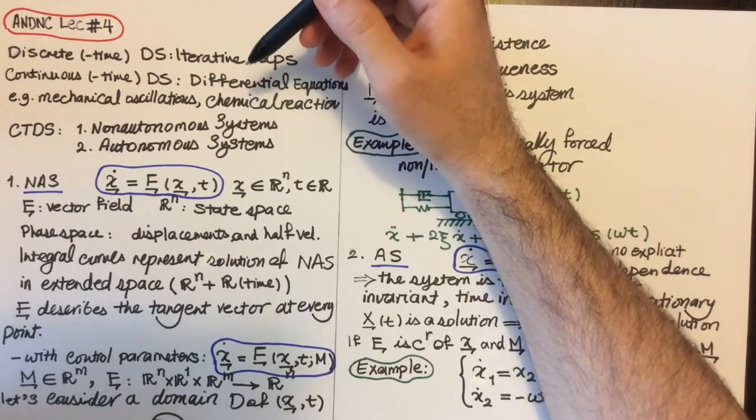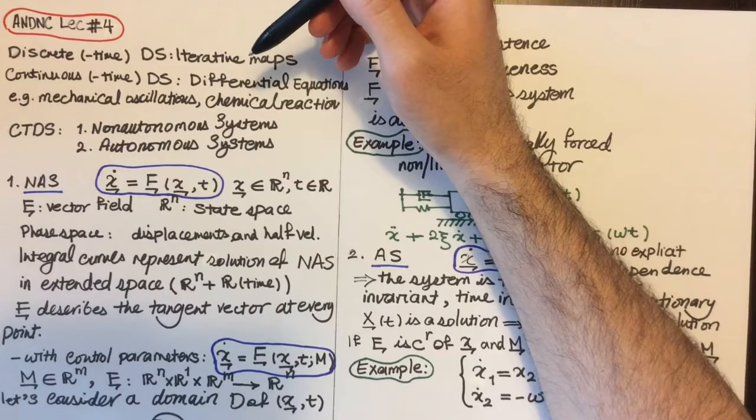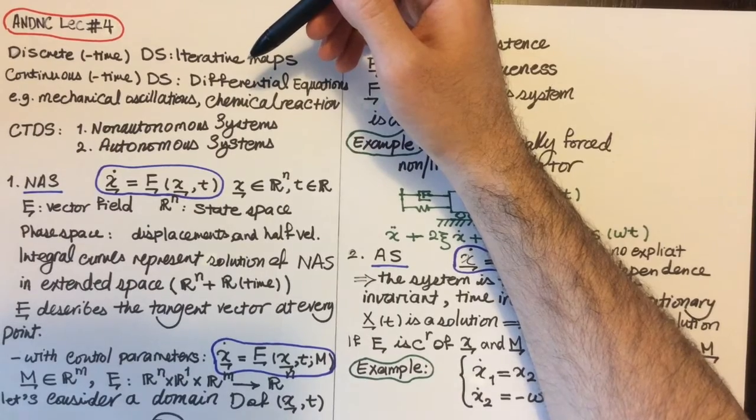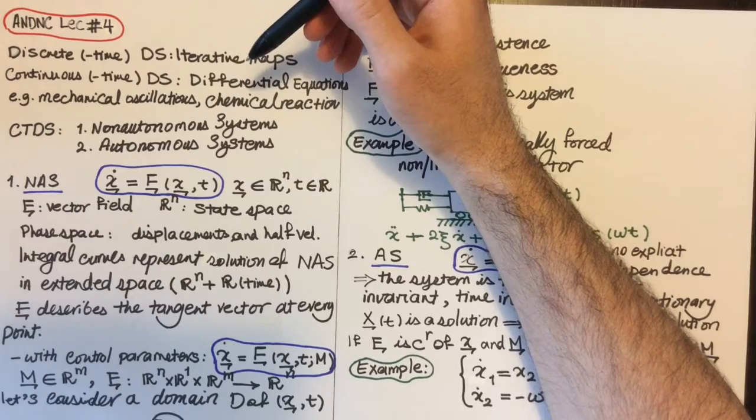In other words, on the left hand side we had xk plus 1, on the right hand side we had xk. So we go from current state xk to xk plus 1.